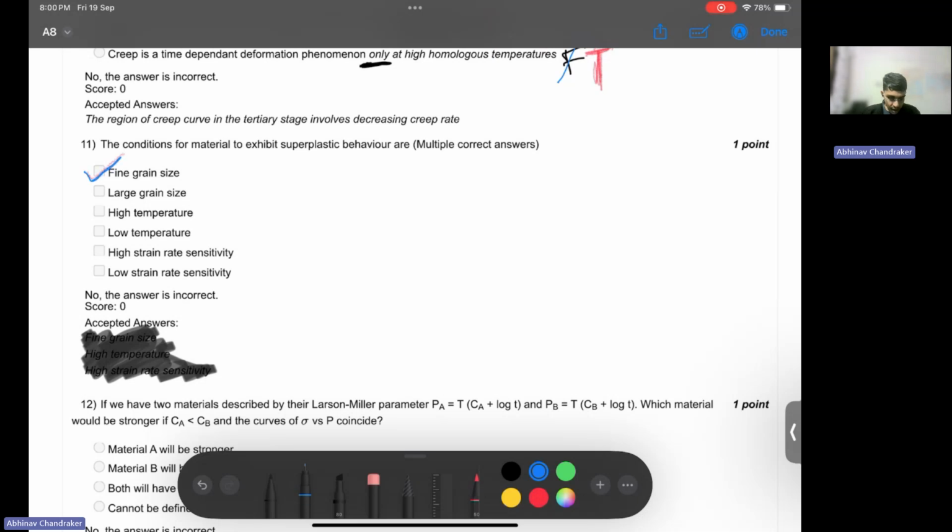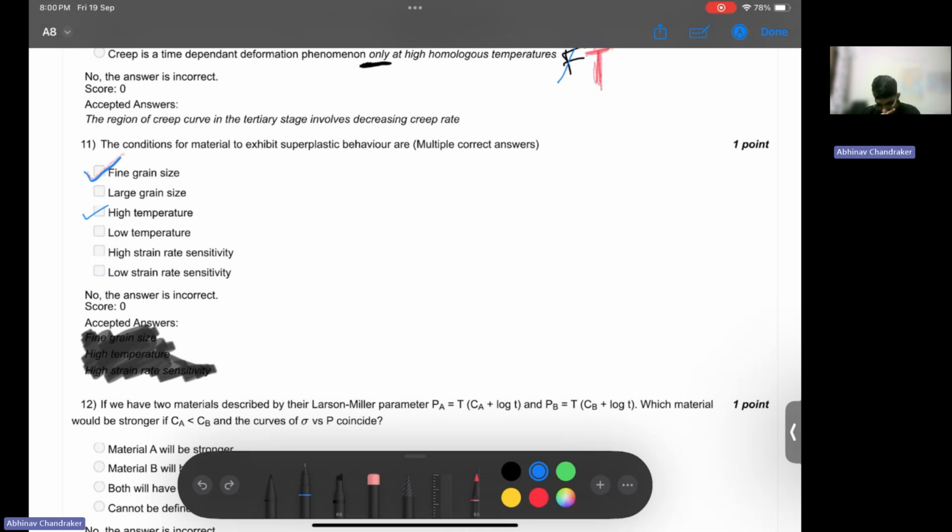So grain boundary sliding is one mechanism which dominates and causes superplastic behavior. That is, very high strains are possible, very high plasticity. High temperature also will help in having very high plasticity. Plastic deformation is very easy. And low strain rate, well, strain rate sensitivity.